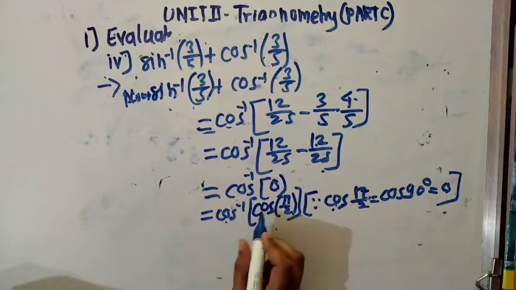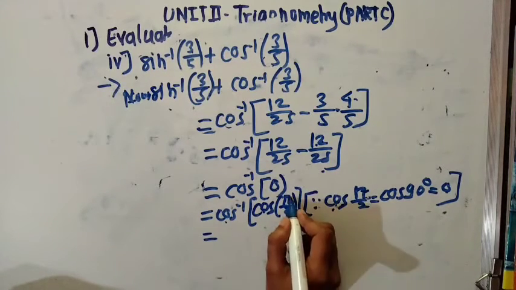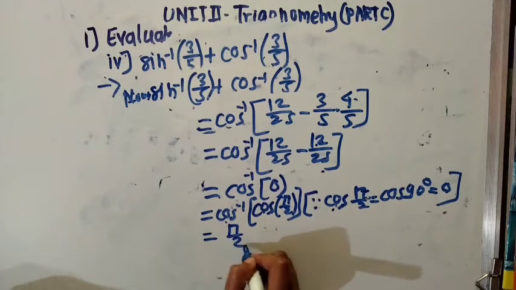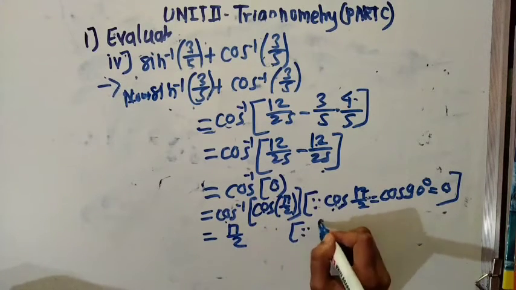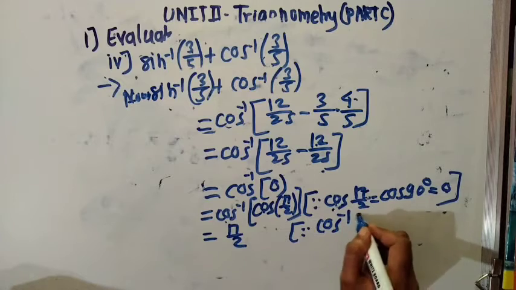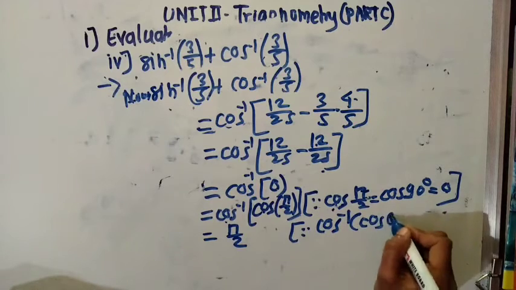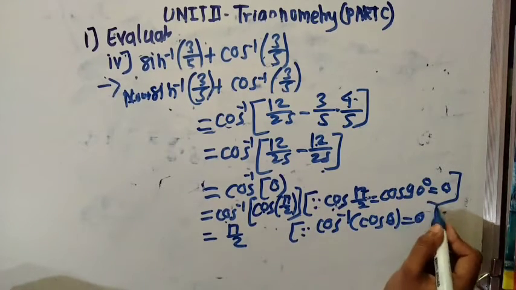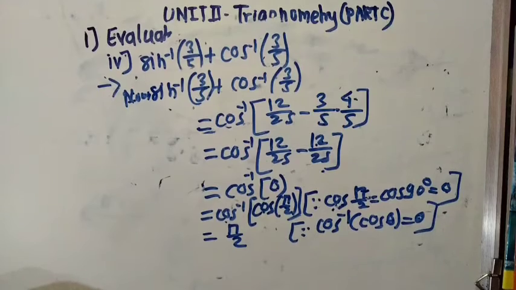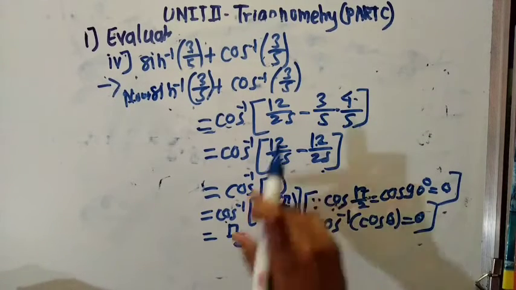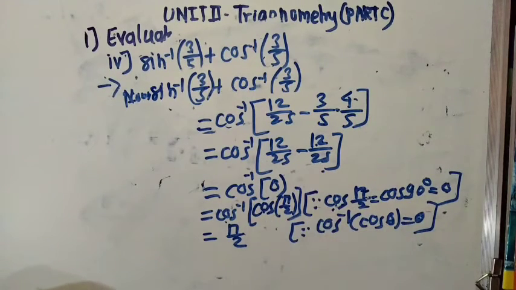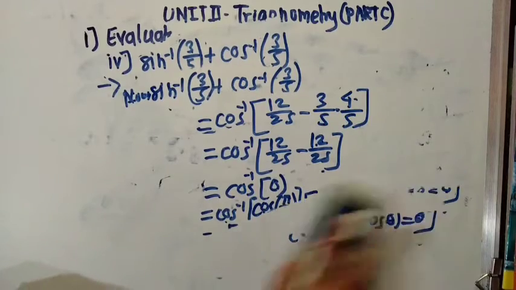Hence cos inverse and cos cancel, and this is equal to pi upon 2, since cos inverse of cos theta is equal to theta.